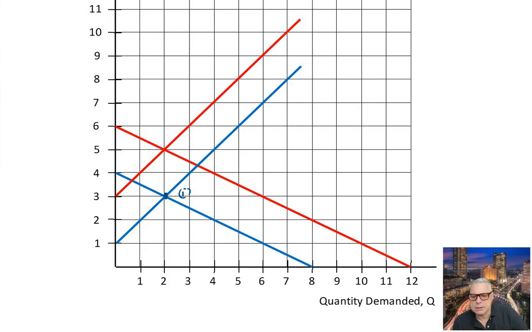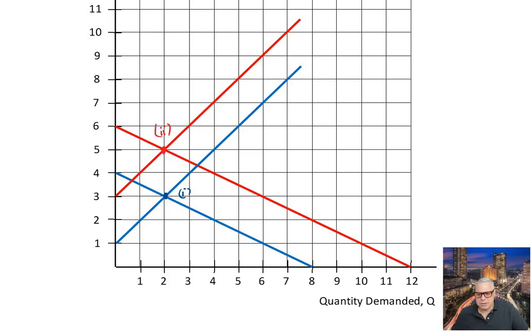What we can see is, in moving from the blue scenario to the red one, demand went up and supply went down.